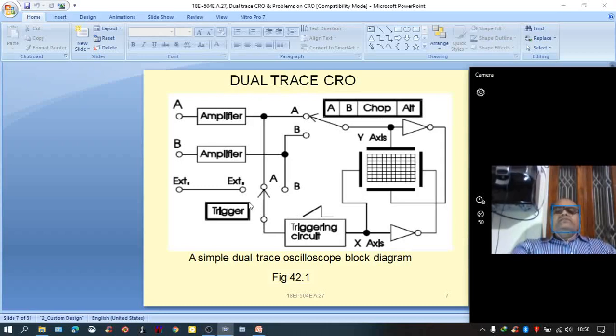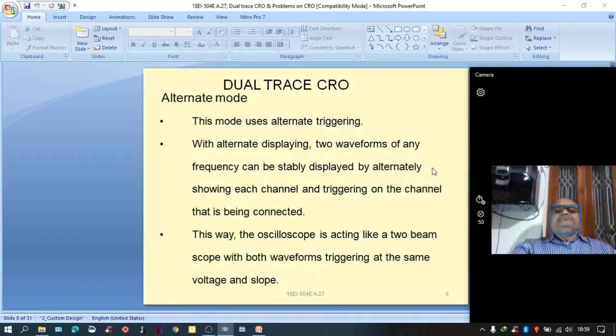When the trigger control switch is connected to the external position, then the vertical input can be either A or B, and at the same time the horizontal input also is taken from the external input. In that case, we get different patterns called Lissajous patterns that we discussed already in the last class.